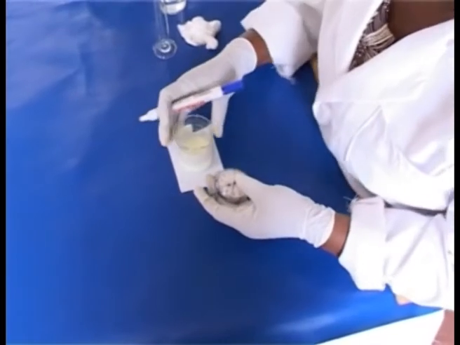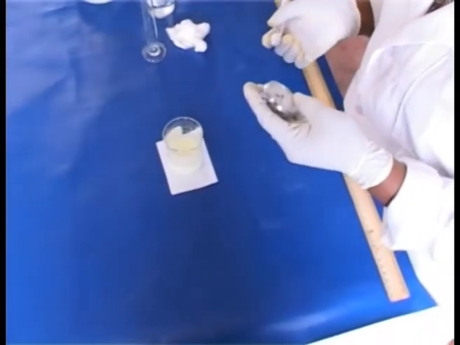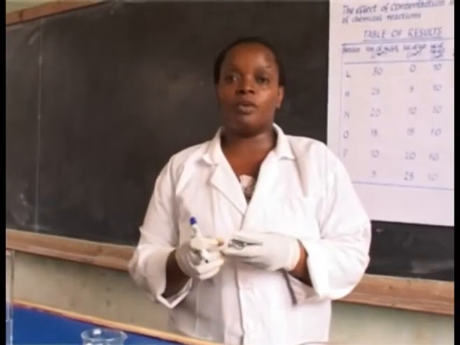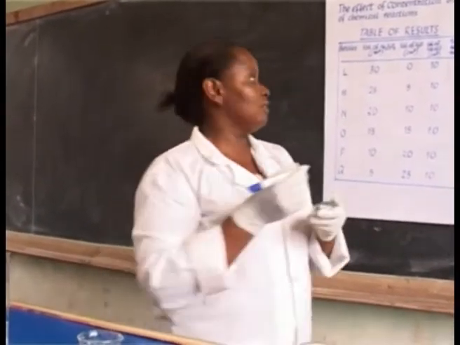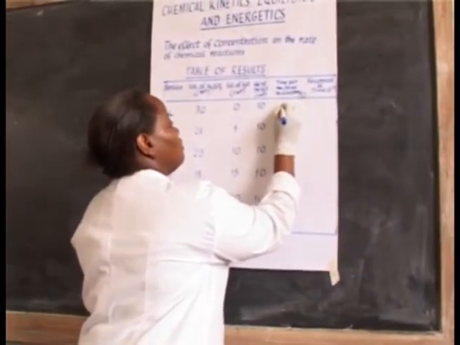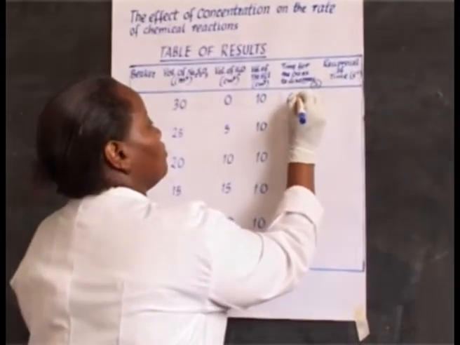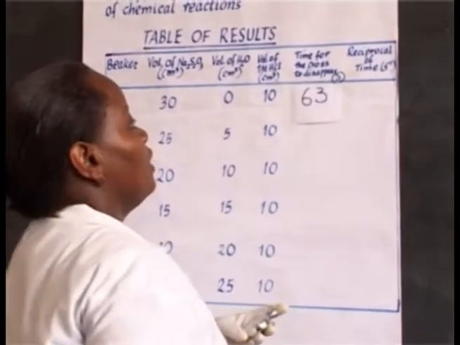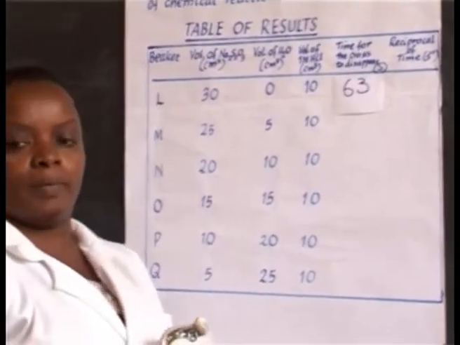The mark has disappeared. Record the time for the disappearance of the mark. The time is 63 seconds. Then record the time taken for the mark to disappear.